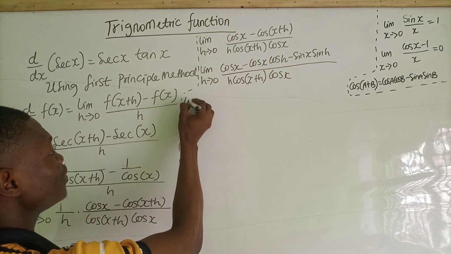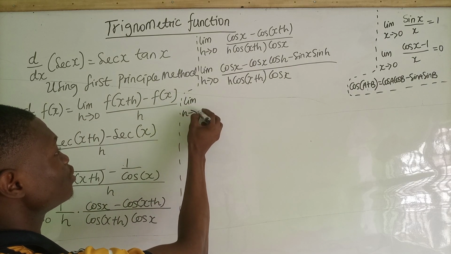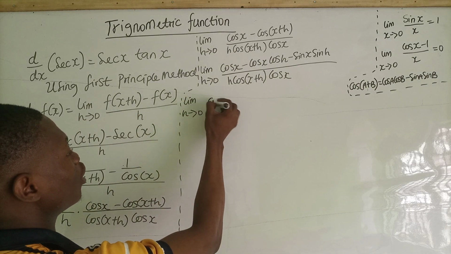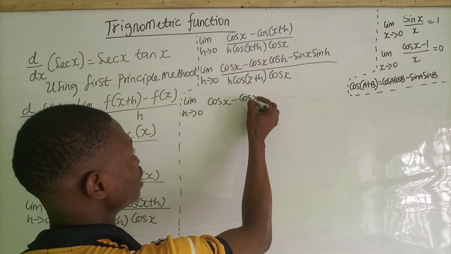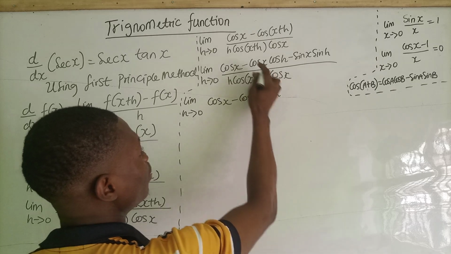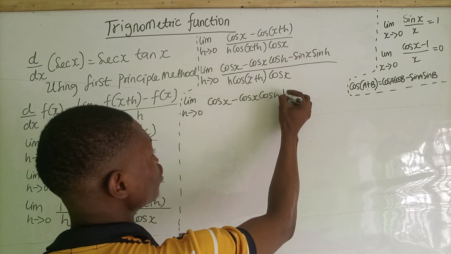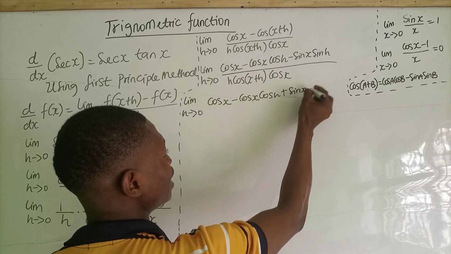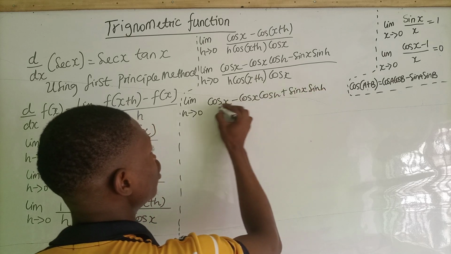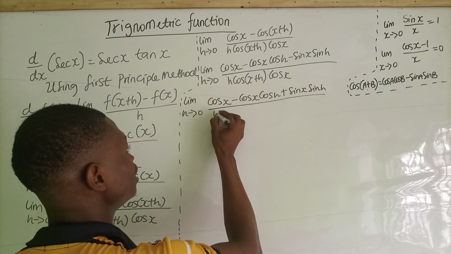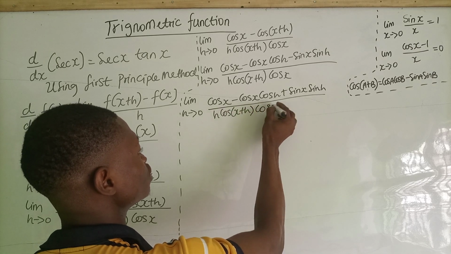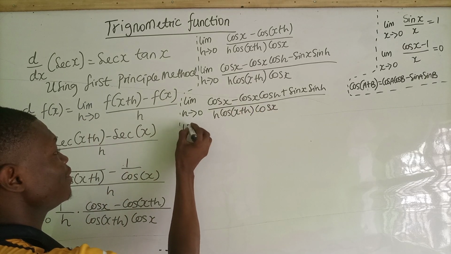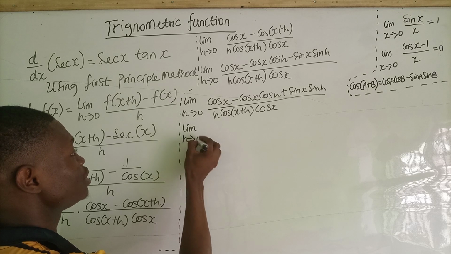So we are going to have the limit as h approaches 0 of cos x minus cos x cos h. When this minus times this one gives plus sin x sin h, all over h cos(x + h) cos x. So we are going to have the limit as h approaches 0.